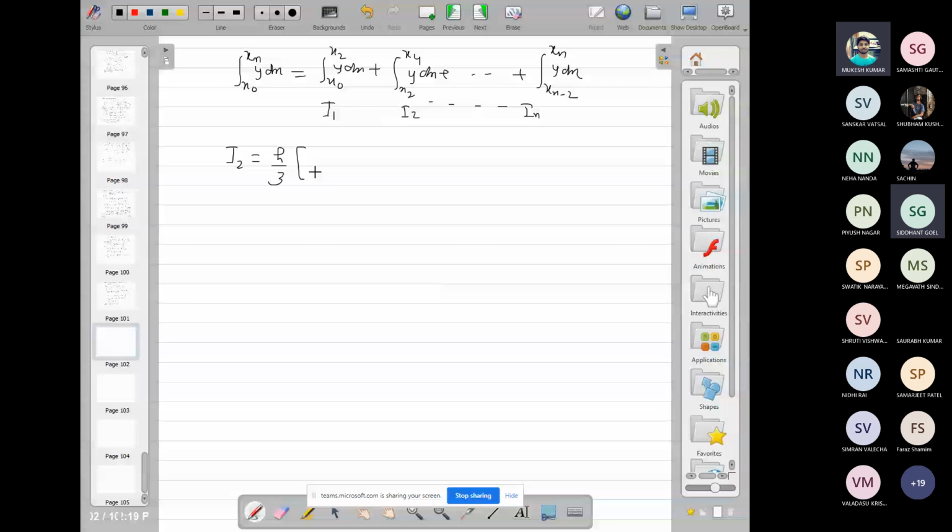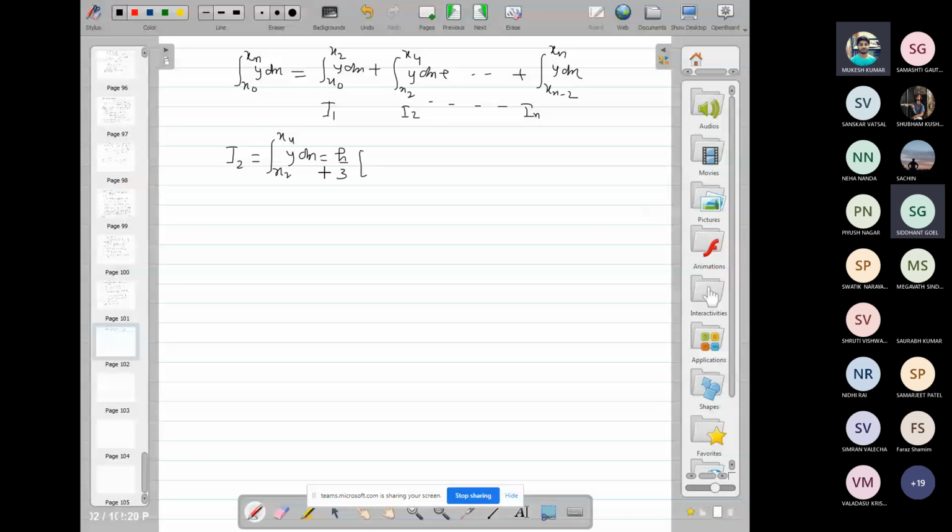By symmetry we can write the integral from x2 to x4 of y dx as h by 3 times y2 plus 4y3 plus y4.